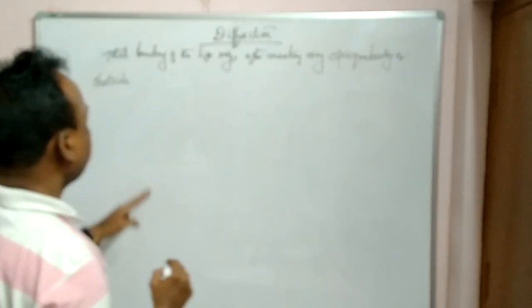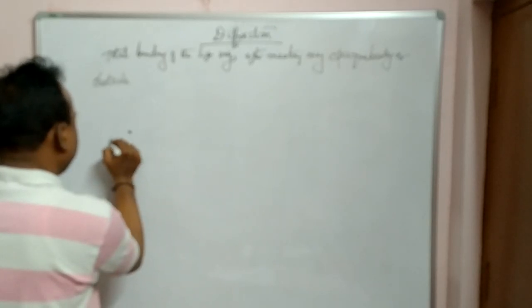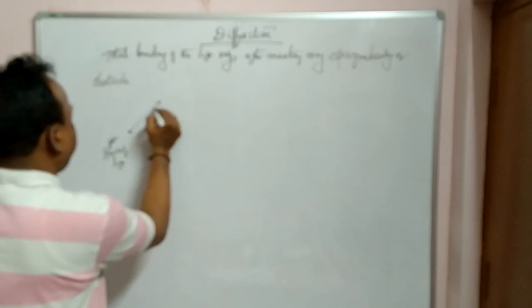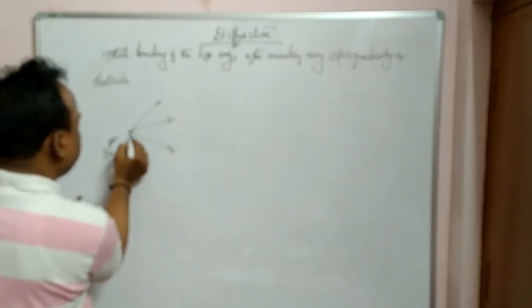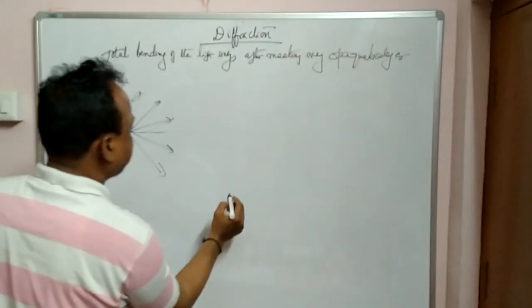Is the point clear to you? For example, this is the source of light, suppose say, a point source, like a torch light. Light is coming in different directions. Suppose this light is coming in this direction.